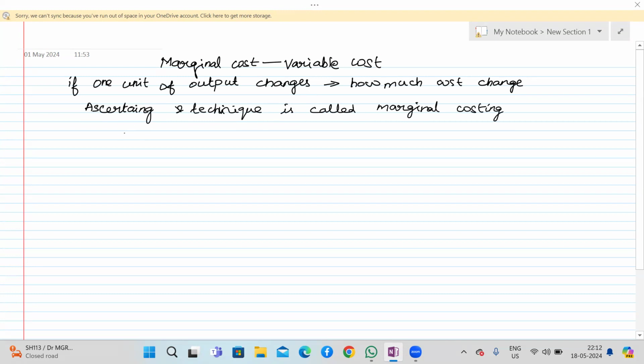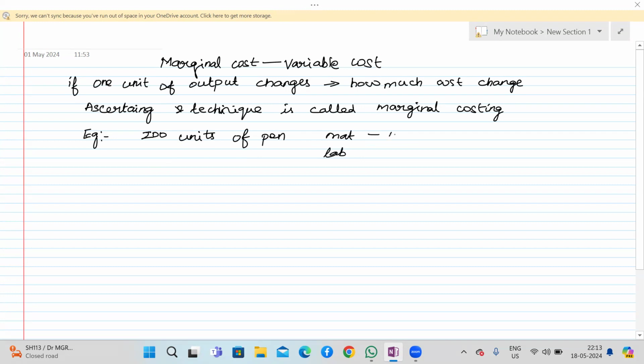That means if I am producing, for example, 200 units of pen, here I have incurred material, labor, everything.